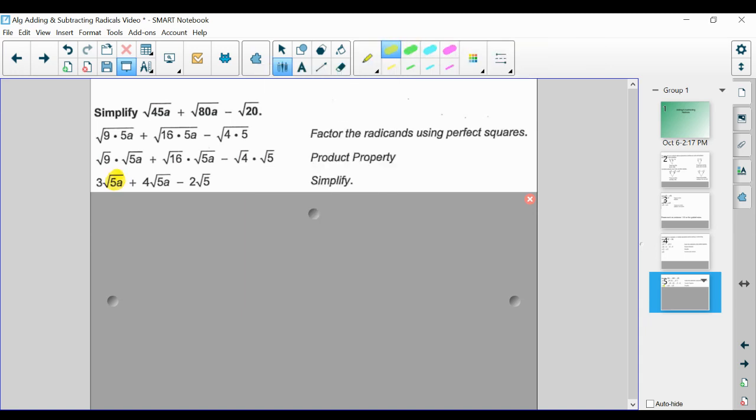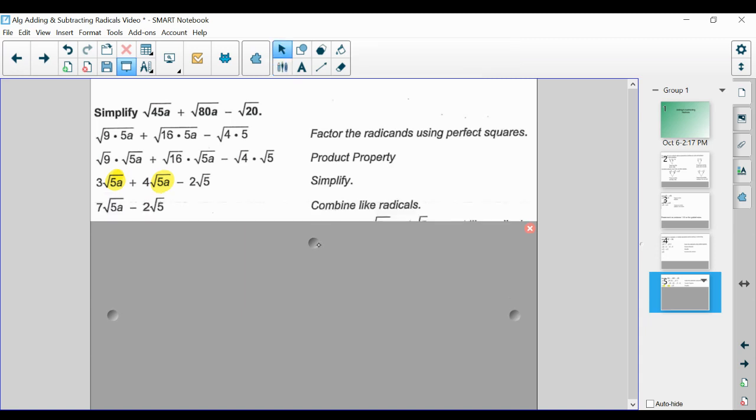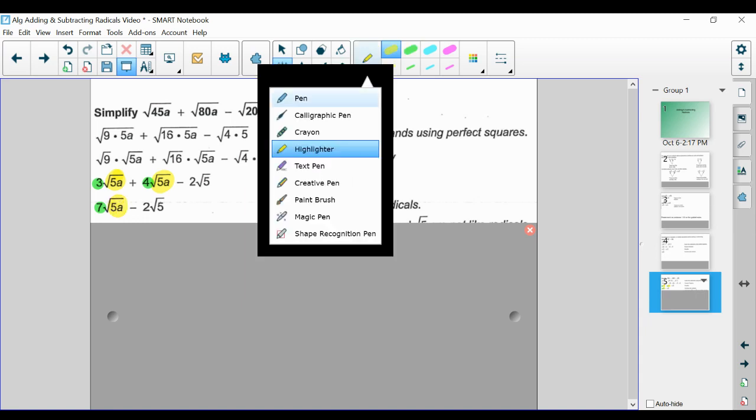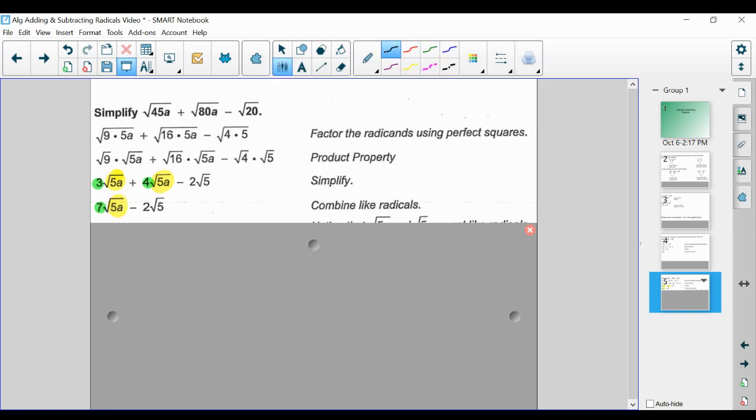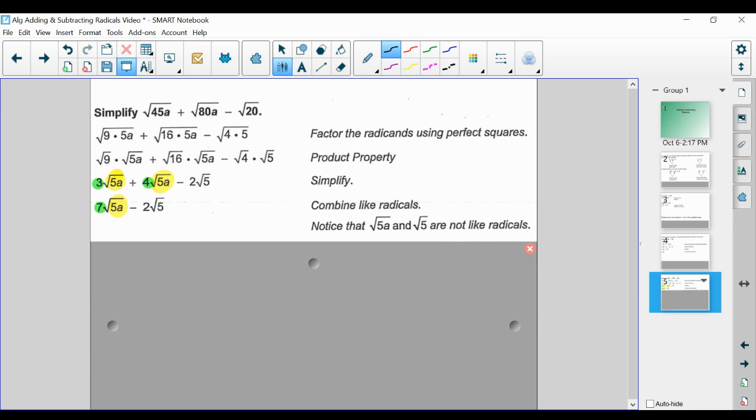We have root 5a and root 5a, which means that we can combine them together. 3 plus 4 is 7. Root 5a. Now notice, how many terms do we have? We have 2 terms, and that's because one term has a variable and the other does not. Awesome.